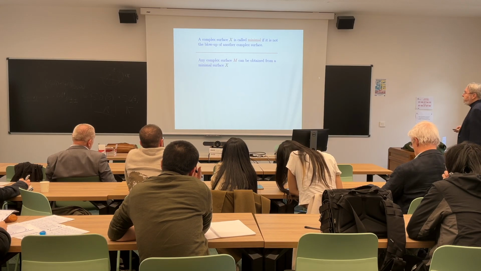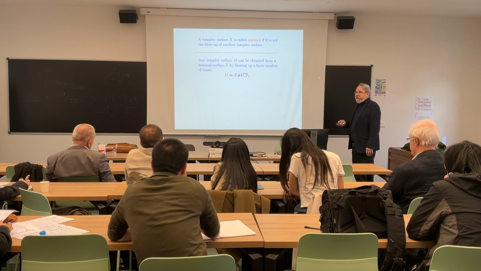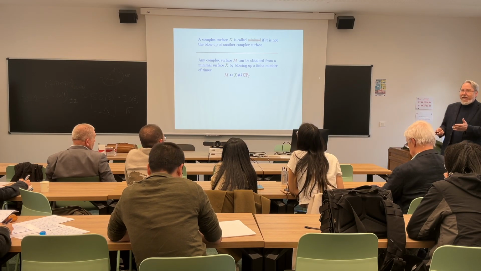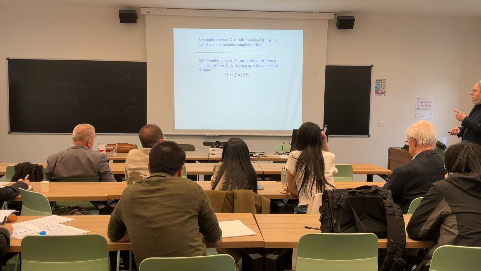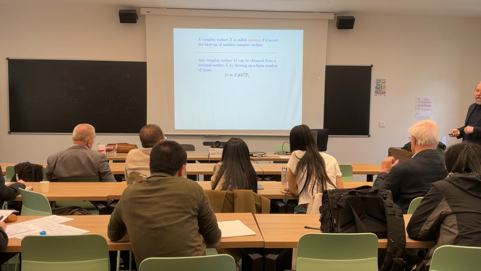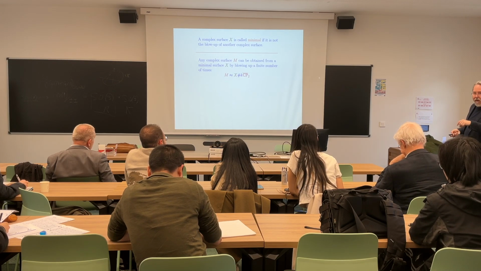Any complex surface can be obtained from a minimal surface by blowing up a finite number of times. This is a triviality, but an example of a deep triviality, an essential triviality. The point is, if something is not minimal, you can find a CP^1 in it such that you could collapse it. Whenever you do that, you're decreasing the second Betti number by 1.